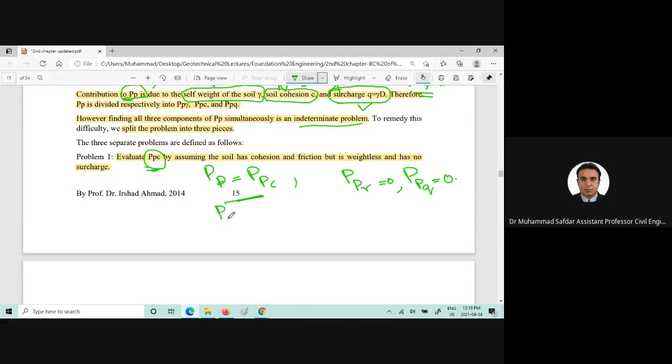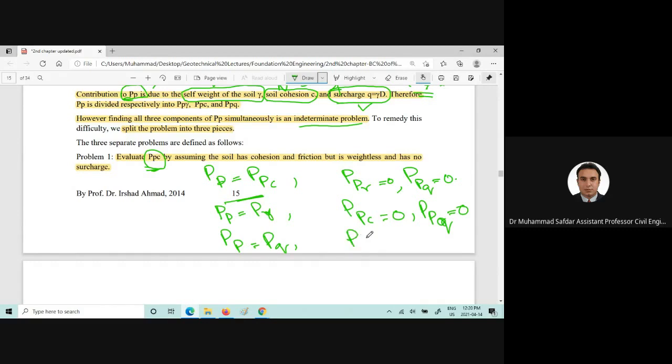Then he put the value of PP as PP gamma, and in that case the cohesion of the soil he assumed equal to 0, and also the surcharge equal to 0, because he's using the unit weight. And the PP is equal to PPQ, which is due to the surcharge.